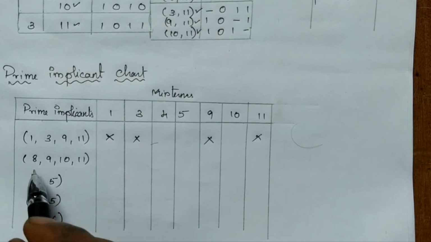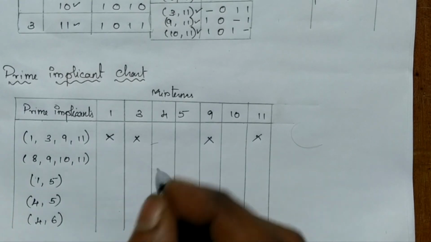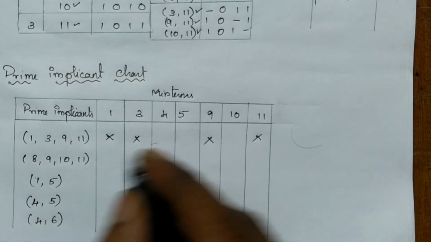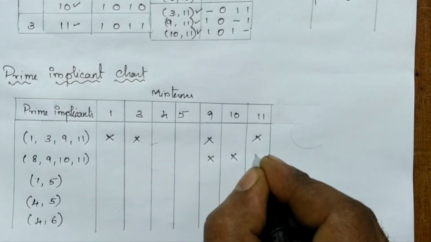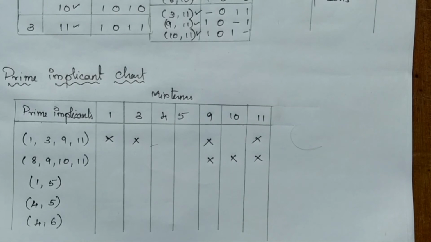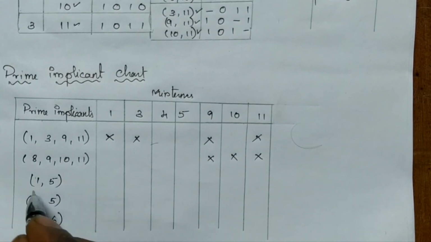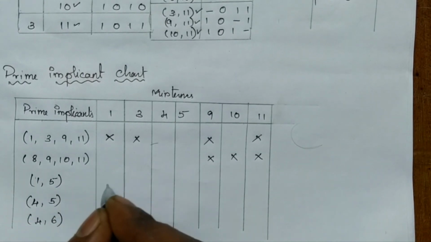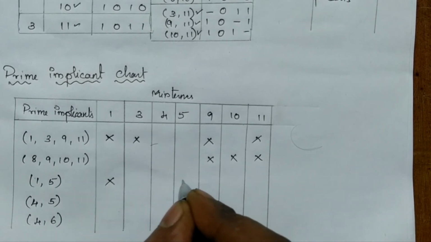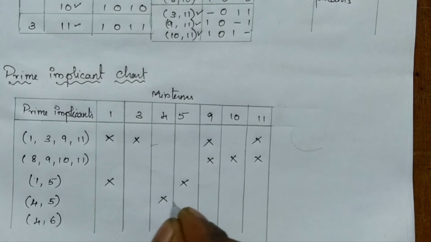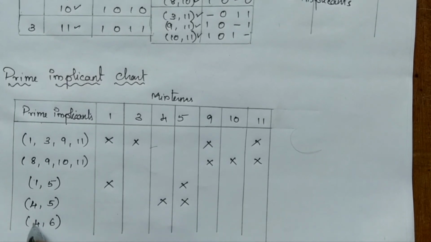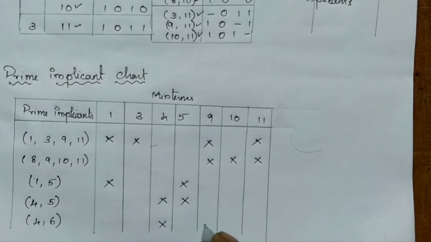For the second prime implicant, 8 is don't care, then we are having 9, 10 and 11. Likewise here 1 and 5, then 4, 5, then 4, 6. 6 is a don't care term.